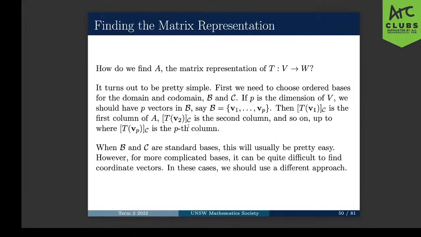So as I was saying, this is a simple strategy to say. Sometimes it might be hard. If we have the standard bases, it will be pretty easy because finding coordinate vectors on the standard bases is pretty easy. But for more complicated bases, it can be pretty difficult to find coordinate vectors, and so we need a different approach.